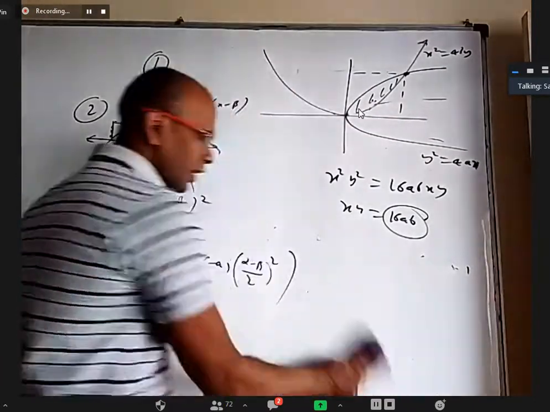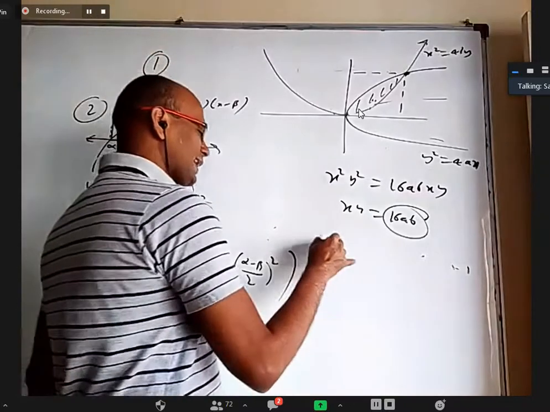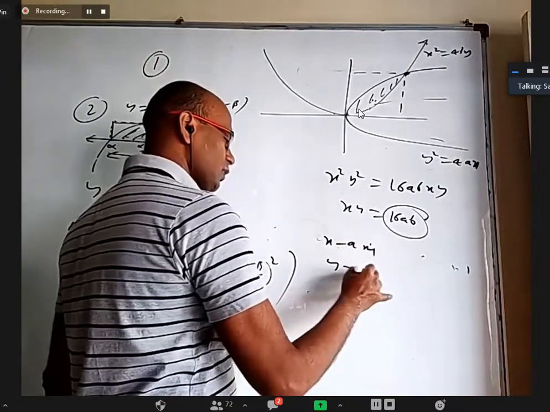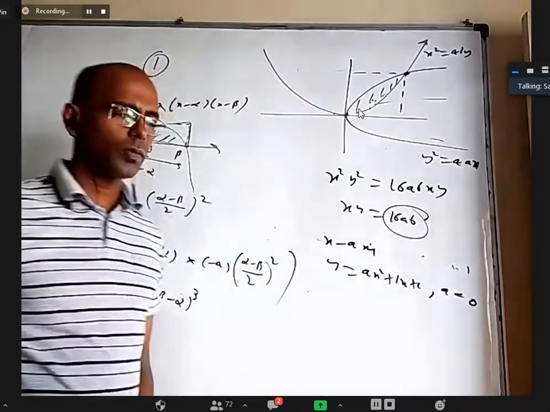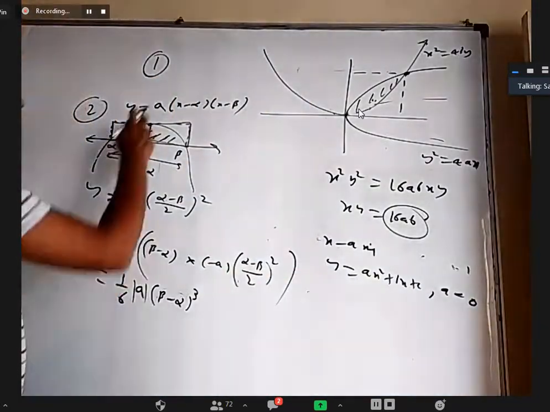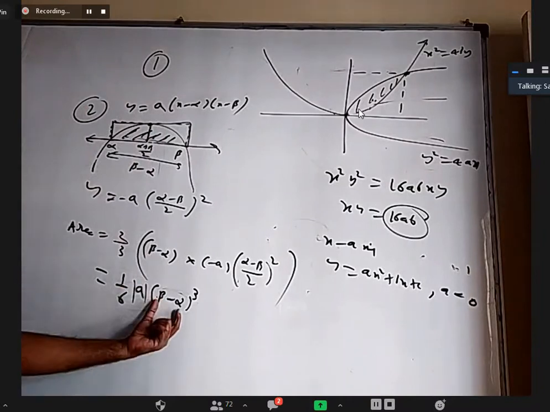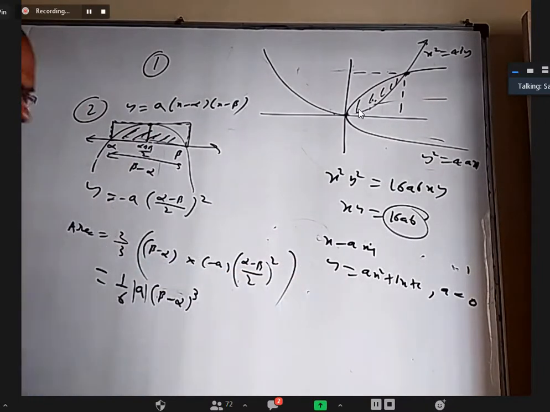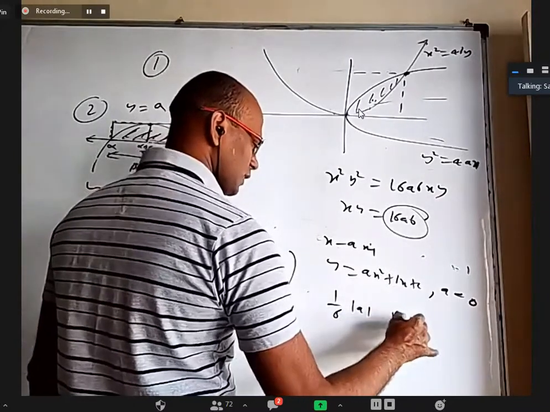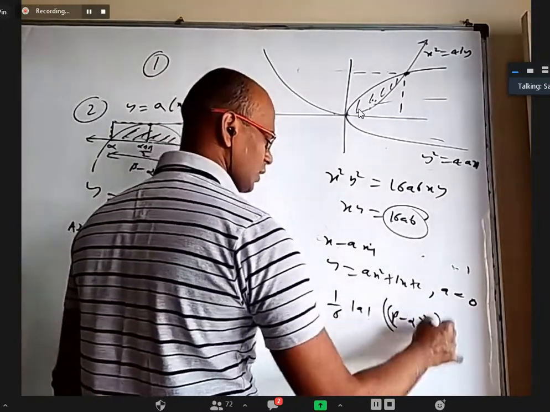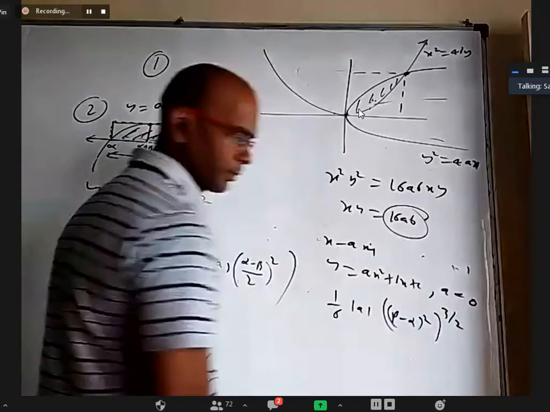So sometimes you'll find a formula: x-axis and y equal to ax square plus bx plus c, where a is negative. What is the area bounded by them? It is the same as this. Only thing is that beta minus alpha has to be written in terms of b and c. You know very well that 1/6 mod a, beta minus alpha whole cube can be written as beta minus alpha whole square whole power 3/2.